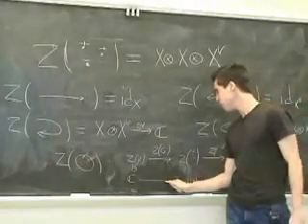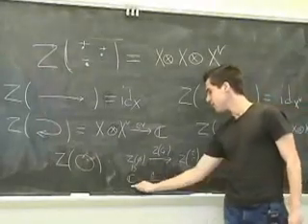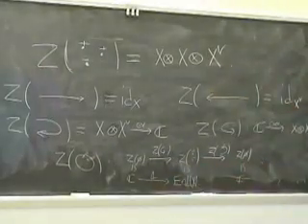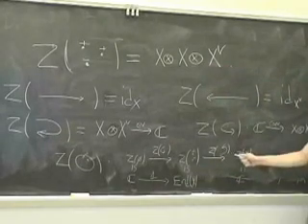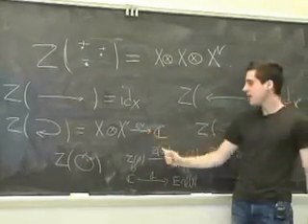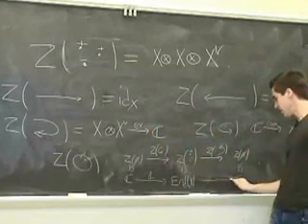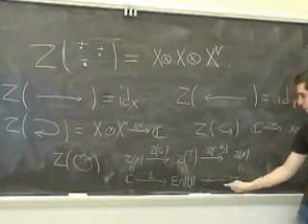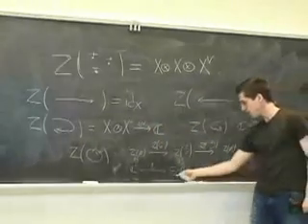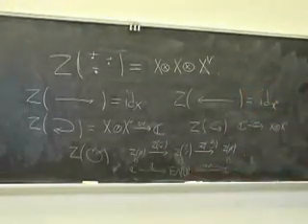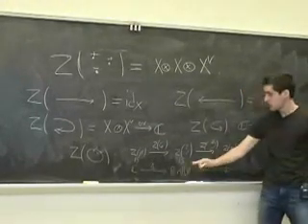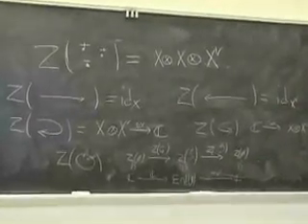Or in terms of this identification, I can think about it as the inclusion of the unit object into endomorphisms of x. And this morphism here, that's the evaluation, which in these terms corresponds to the trace on endomorphisms of x. Thinking of this as a matrix algebra, it's just summing the diagonal entries.